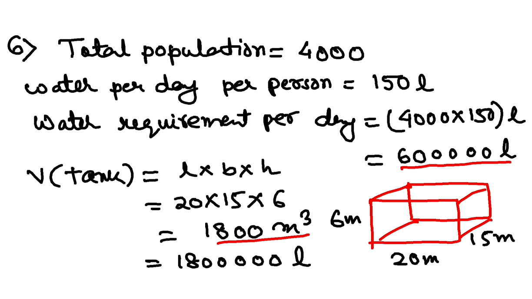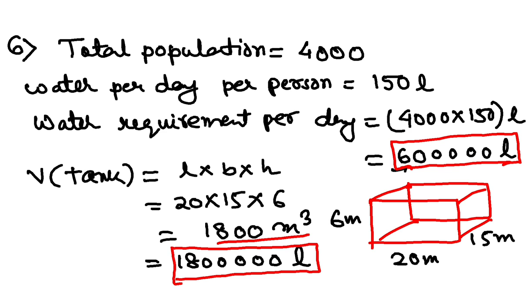Okay, so this is your water requirement per day, and this is my capacity of the tank. So you have to find the number of days this water is going to last, right?